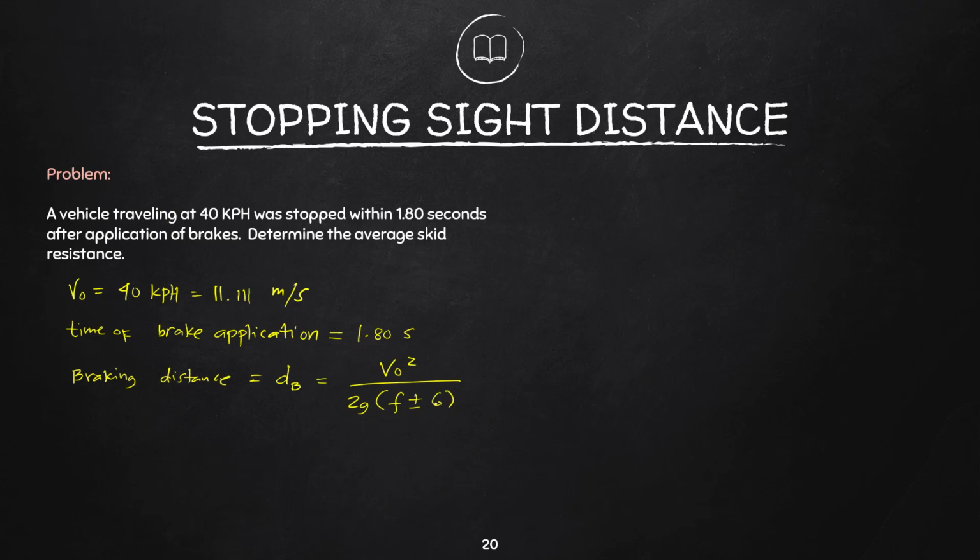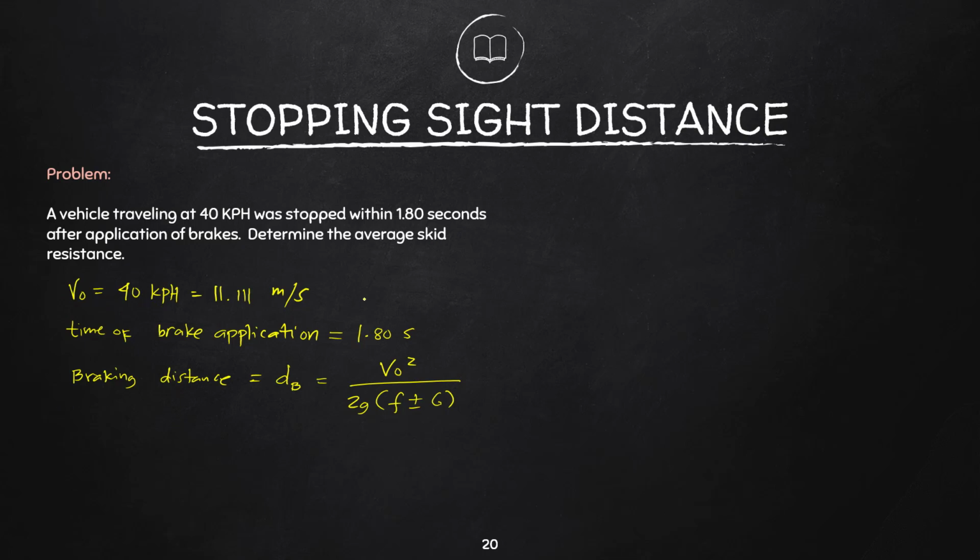We don't have any data for g, so let's assume that this is equal to 0, and we are still looking for the value of f. But we have a problem. We don't know the value of the braking distance. What we know is that it was stopped within 1.80 seconds with an initial velocity of 40 kph.